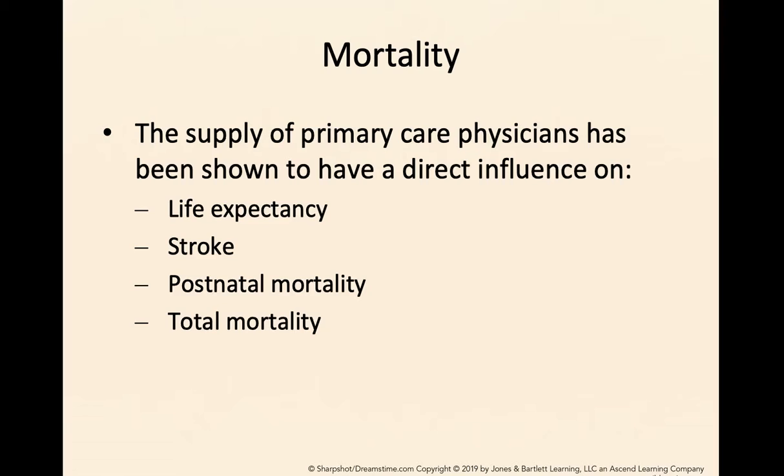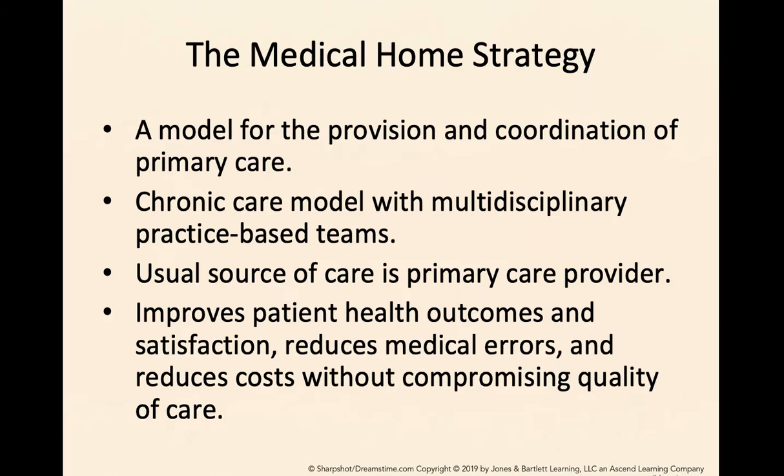And having an adequate supply of primary care physicians in reference to the size of the population served directly influences higher life expectancy. People tend to live longer. Death rates from stroke are low, meaning there's a high survival rate for people who experience stroke. Maternal and infant deaths after giving birth or being born also tend to be lower, and overall, just lower mortality in a given population.